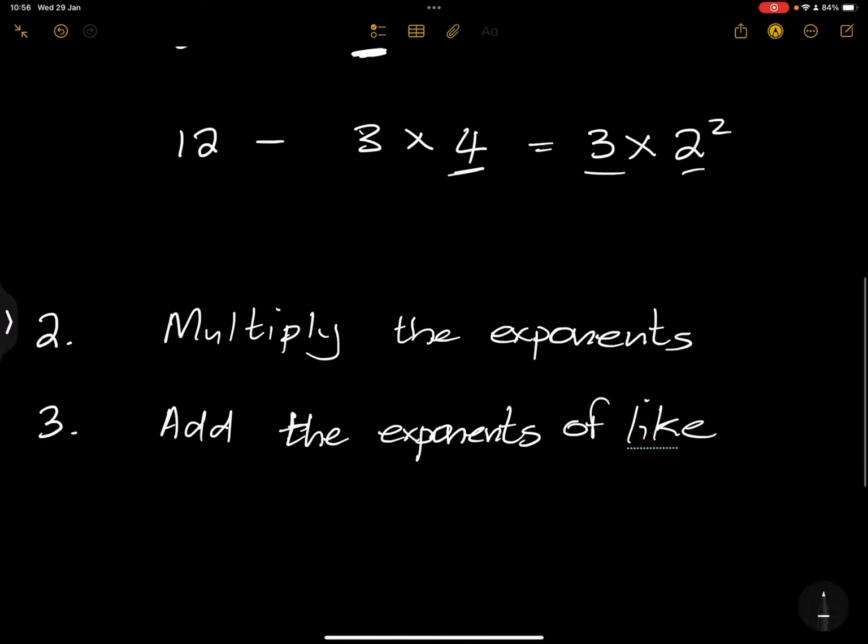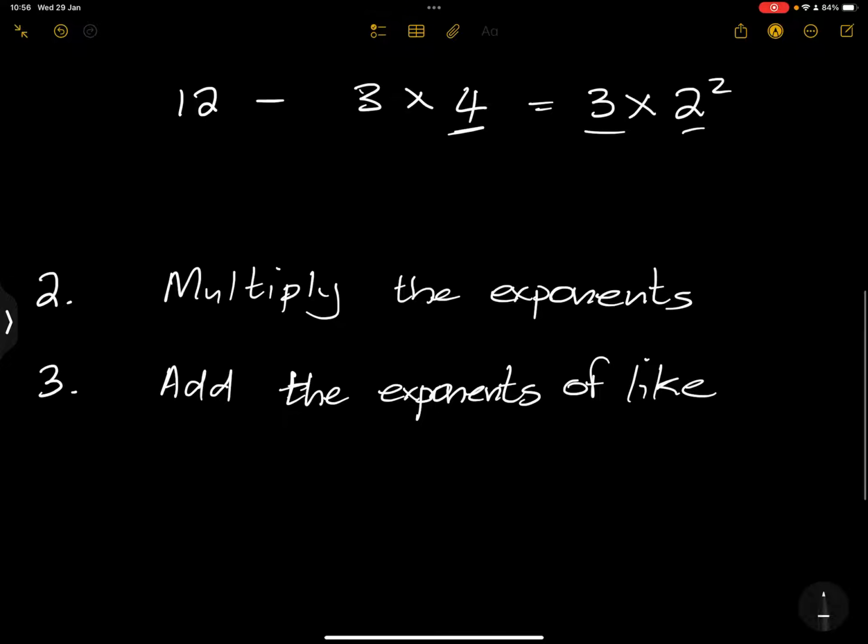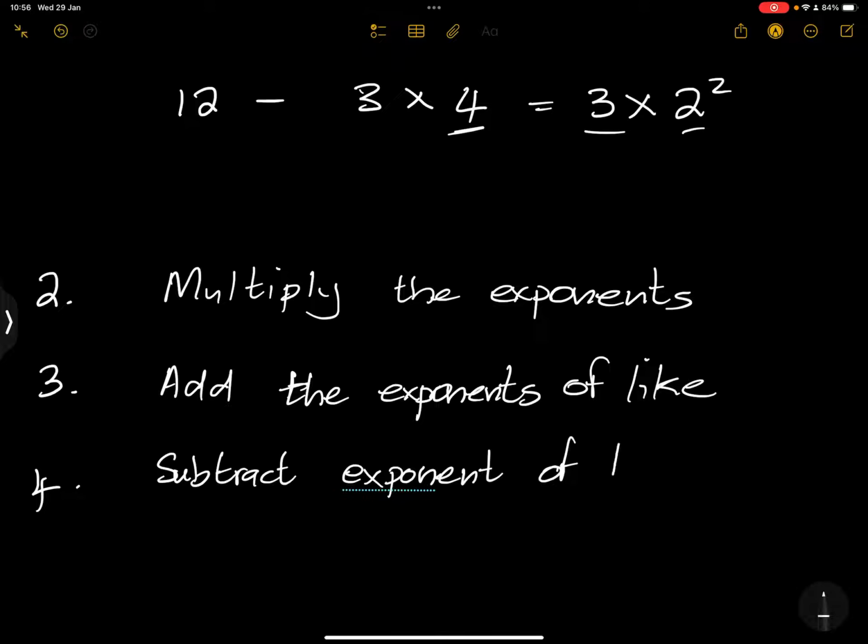Remember, add or subtract, depending on whether you're dividing. And number 4, remember, you're going to subtract the exponents of like bases. I forgot to write base in my previous one.